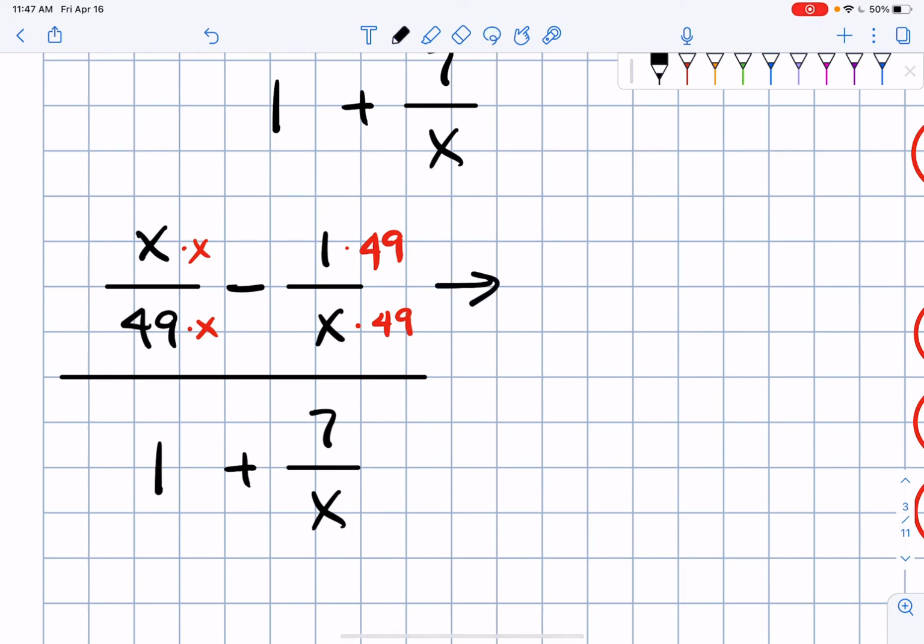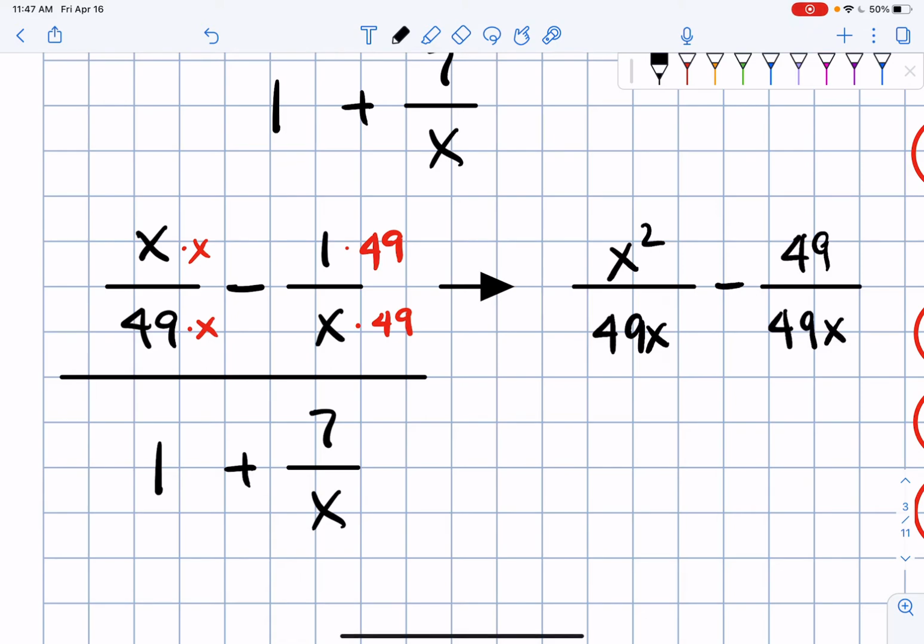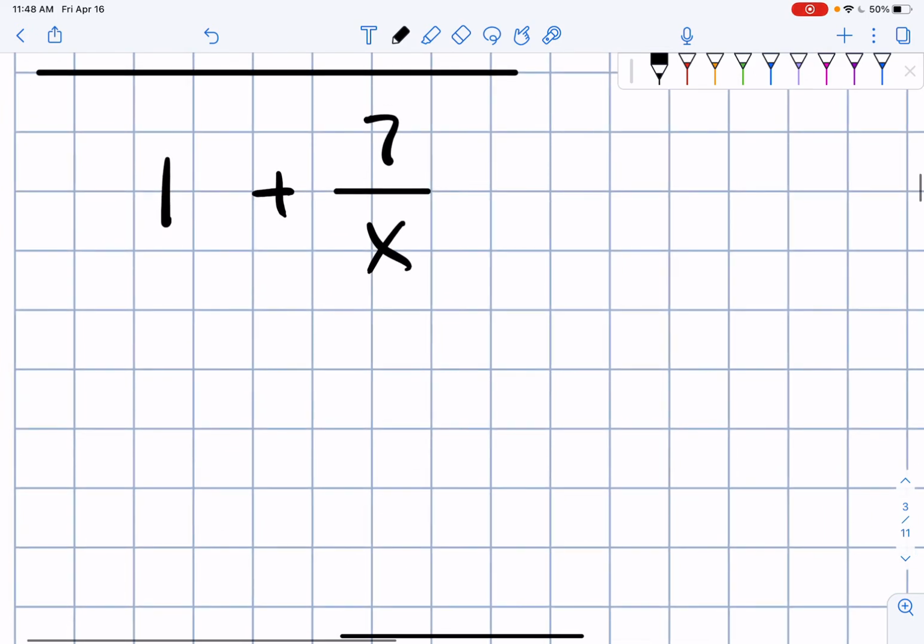So the top one is going to be x squared over 49x minus a 49 over a 49x. All over. Now, how about the bottom? So what we could do with the bottom is make this one as over 1. Okay, and say, what do they have that I don't have? Well, this is missing an x.